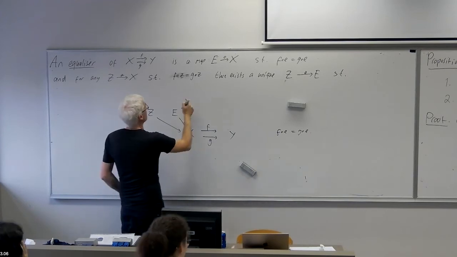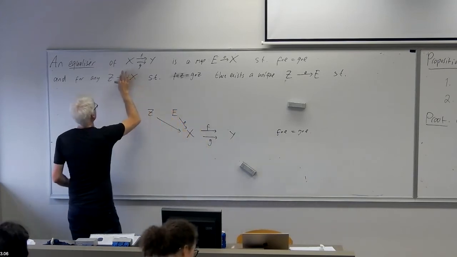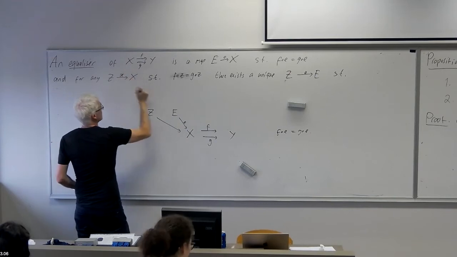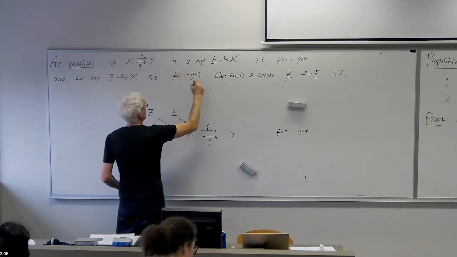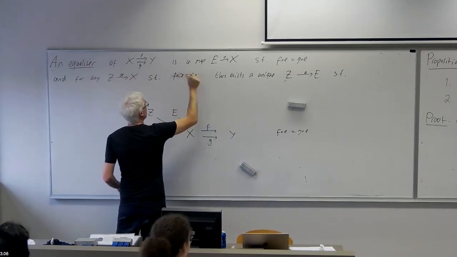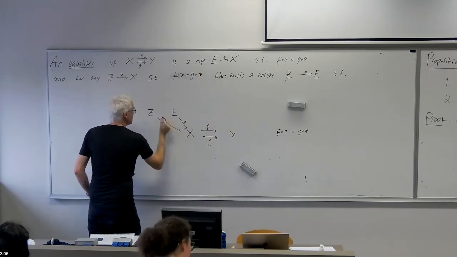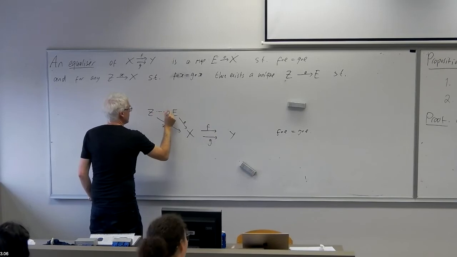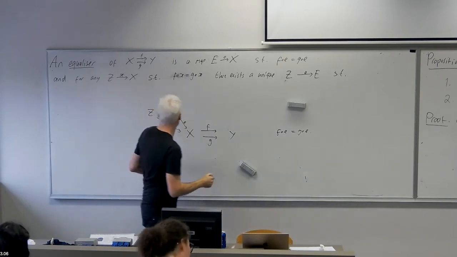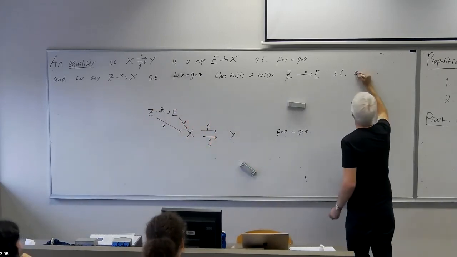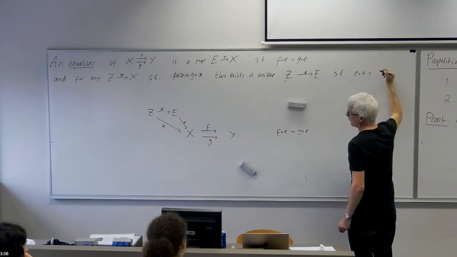Let's keep the notation consistent with what I was doing before. So let's call this one X. Doesn't really matter, of course, but there's a unique map in here such that e composed with it equals z.